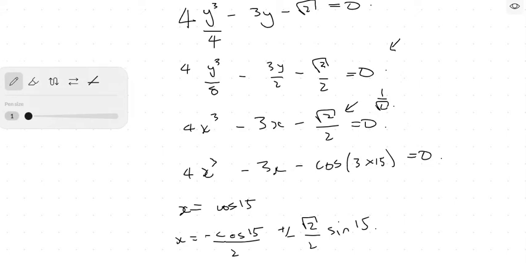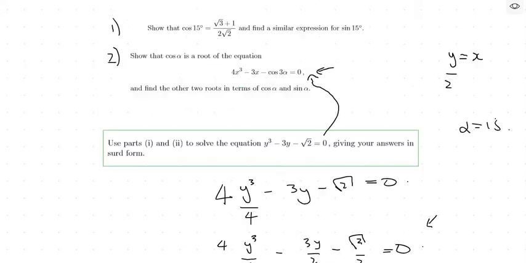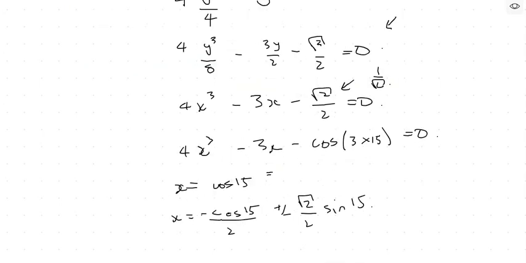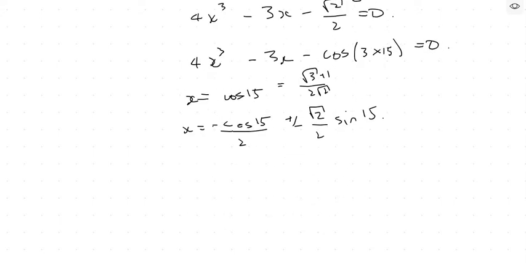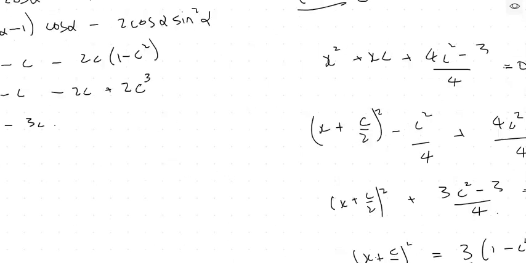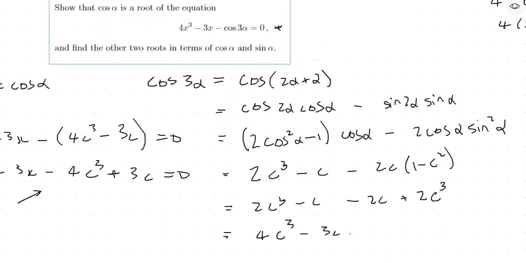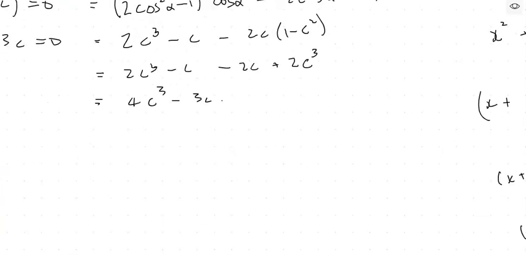Okay, first solution is cos 15, which we already know from up here is root 3 plus 1 over 2 root 2. Then we have minus root 3 plus 1 over 4 root 2, plus or minus root 3 on 2 sine 15, which was all the way over here. Sine 15, where did I do it?